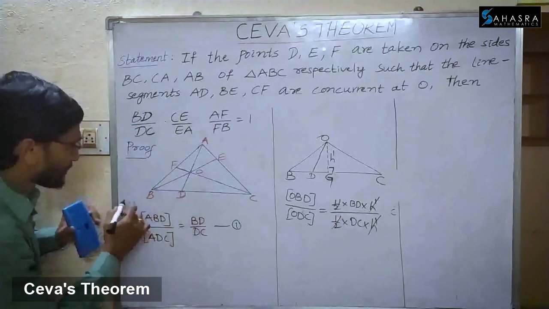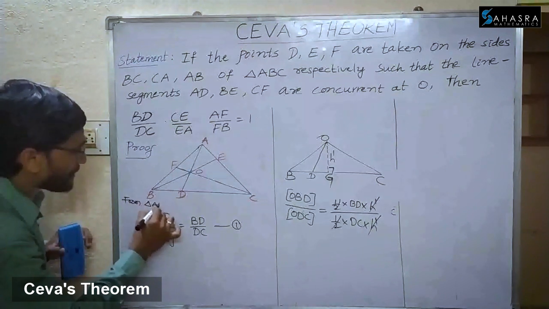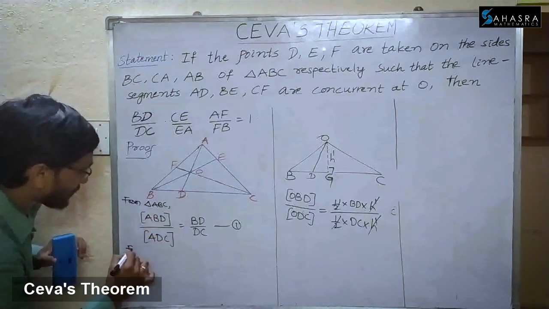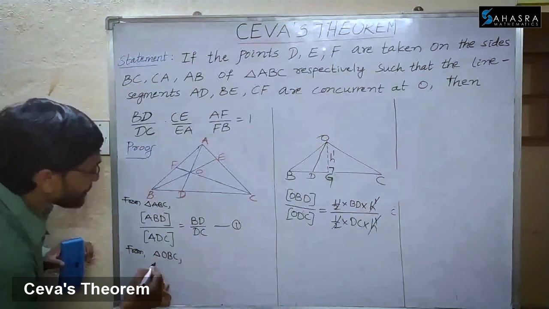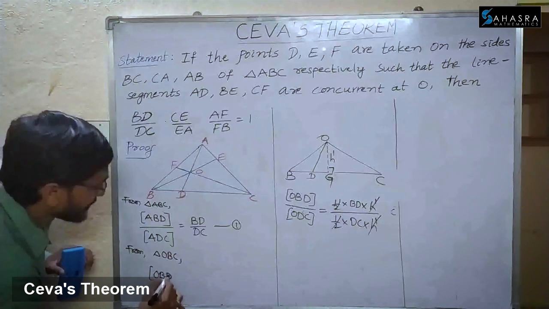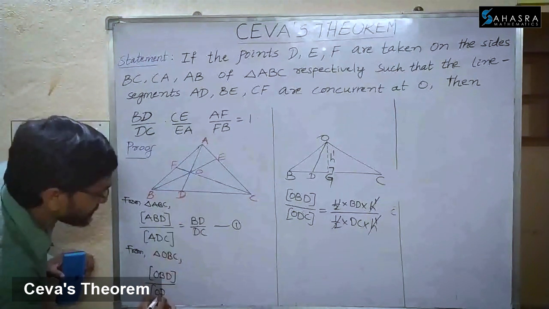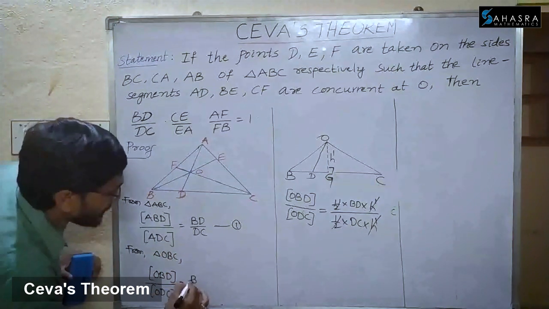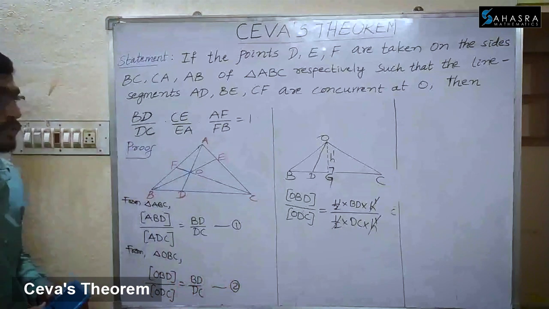So from triangle OBC, the area of triangle OBD divided by the area of triangle ODC is equal to BD by DC. Okay, it is equation number 2.